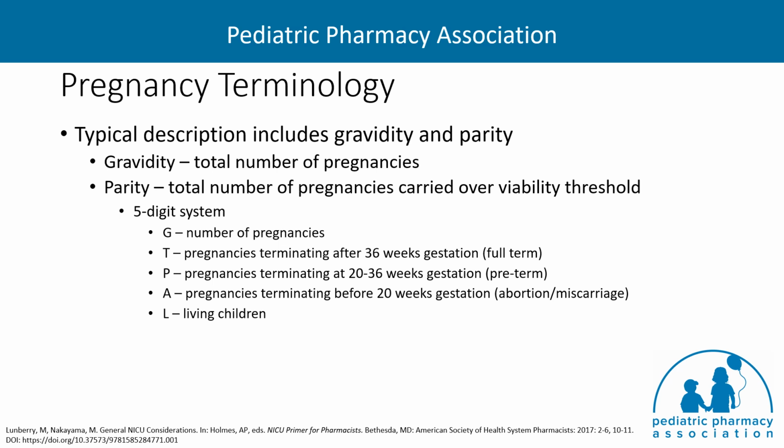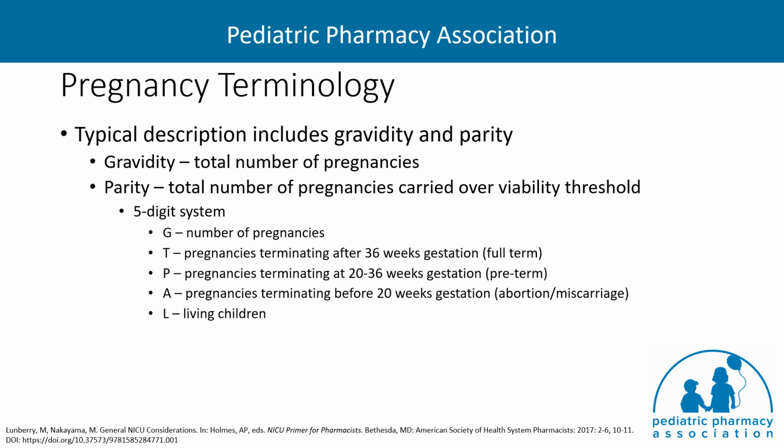We use a 5-digit system to further break down pregnancies, with G standing for the total number of pregnancies. T will be pregnancies terminating after 36 weeks gestation, or full term. P will be pregnancies terminating 20 to 36 weeks gestation, or our preterm deliveries. A is utilized to label pregnancies terminating before 20 weeks gestation.